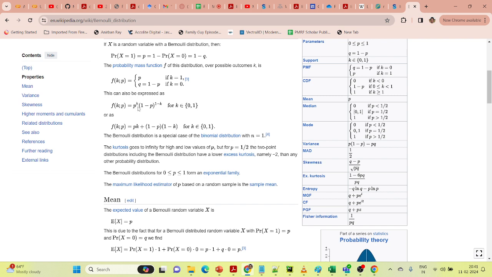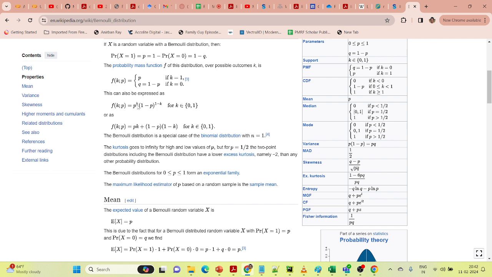Using this I can see that, suppose p is 0.2. Someone asks me what is the probability of getting a head.